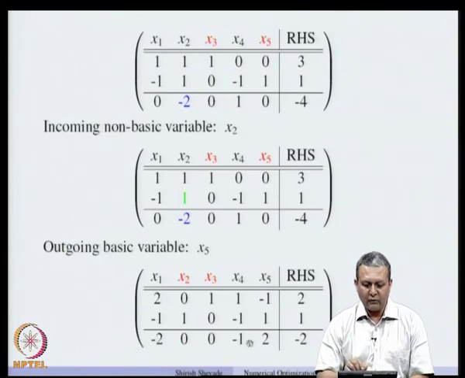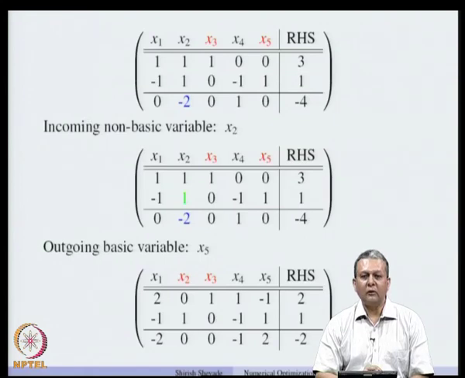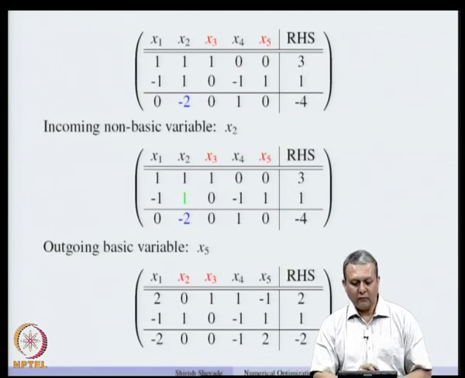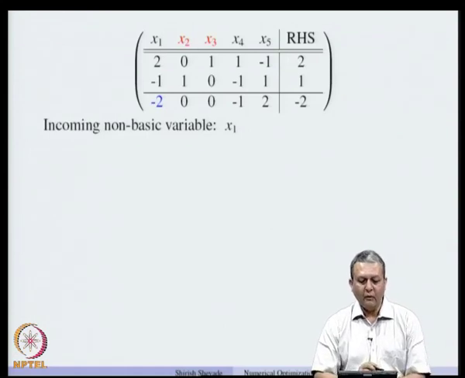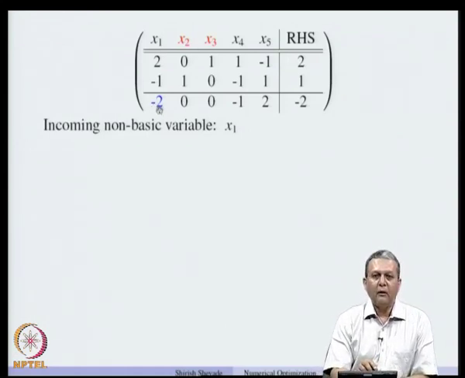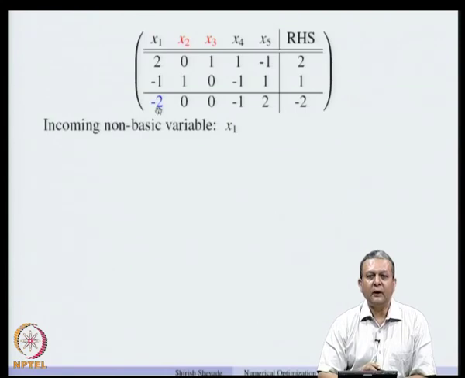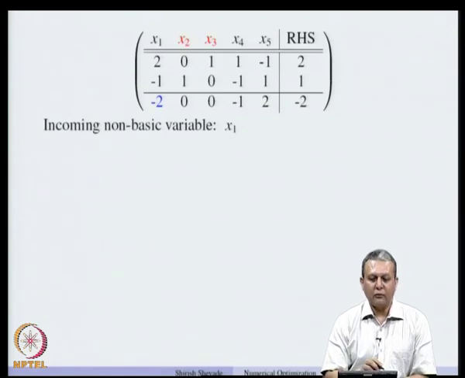x3 is equal to 2 and x1 equal to 1, and the relative costs associated with non-basic variables are -2, -1 and 2. Again these are not all non-negative, and therefore there is scope to improve the objective function further. Now, suppose we choose x1 to be the entering basic variable into the current basic variable set. Then we have to look at the outgoing basic variable from the existing set, and that is again based on the ratio test.